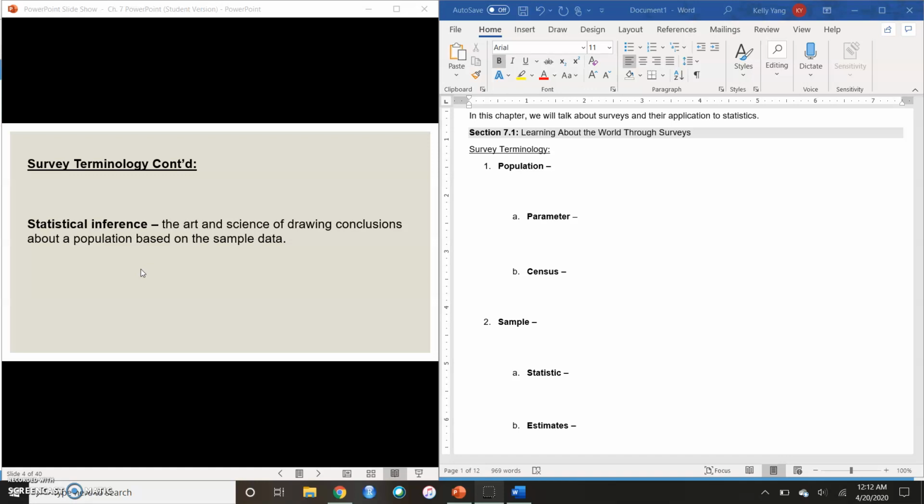So sometimes it's really hard to receive a survey response from everyone in our population of interest. So instead, we rely on samples. And so based on these samples, we want to make a conclusion about the population. And so that refers to statistical inference. So being able to go from a sample and generalizing it to a whole population.